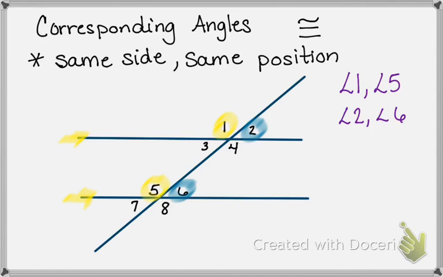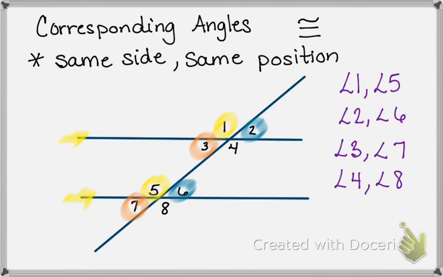If I knew one was 60, then its corresponding angle would be 60 as well. All right, let's look at 3. Angle 3 corresponds with 7. So angle 3 and angle 7 are corresponding. And that leaves 4 and 8 to be corresponding.